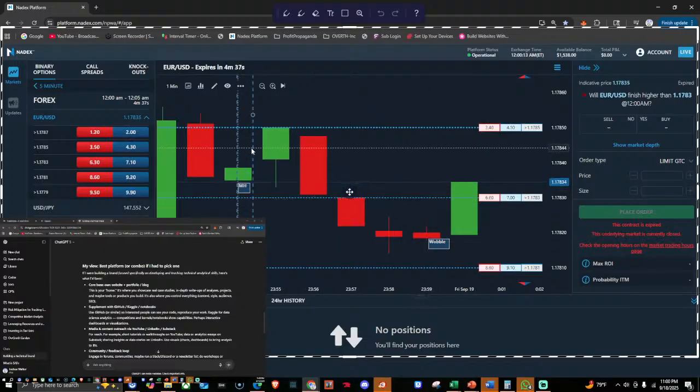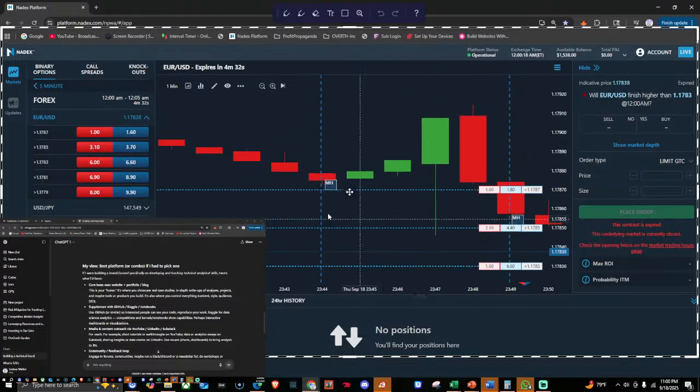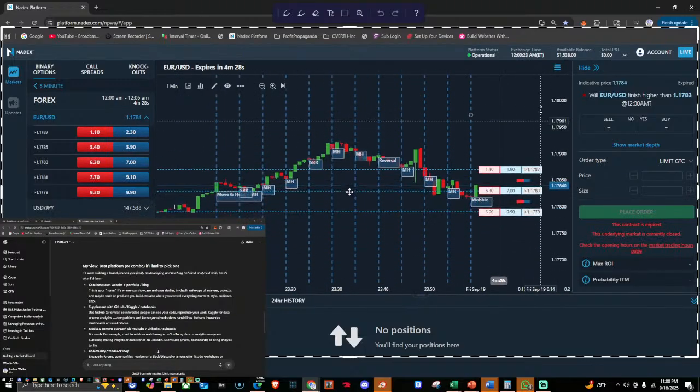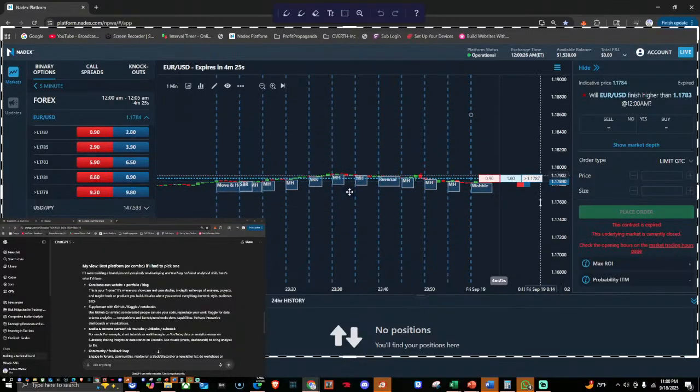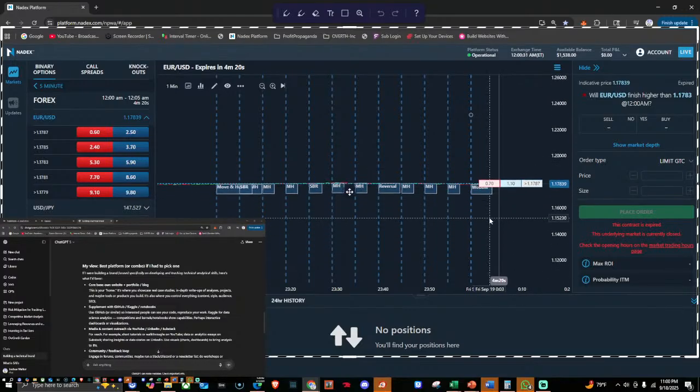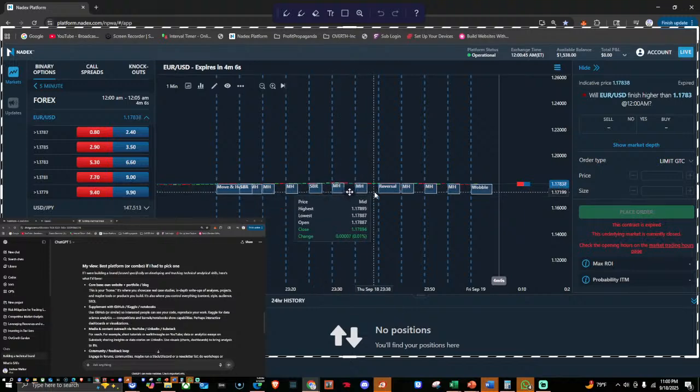But let's just do a summary of all of our different, this is really just the overall progression. Okay, so at the end of the day, we have a move and hold, a speed burst reversal, move and hold, move and hold, move and hold, speed burst reversal, move and hold, reversal, move and hold, move and hold, move and hold, wobble.